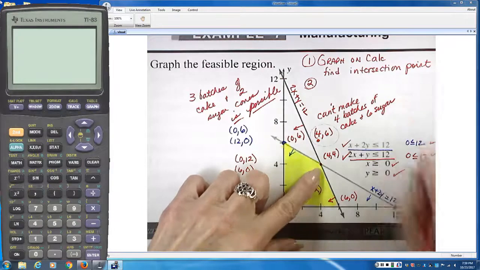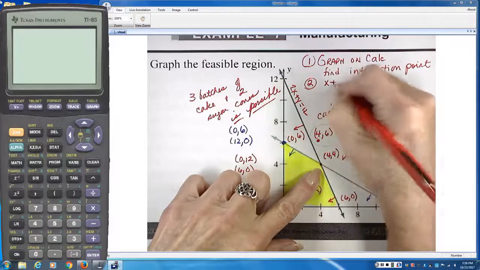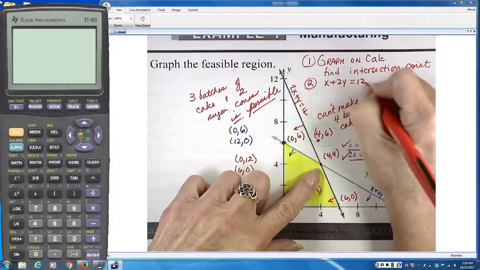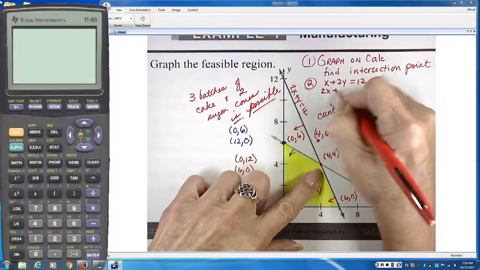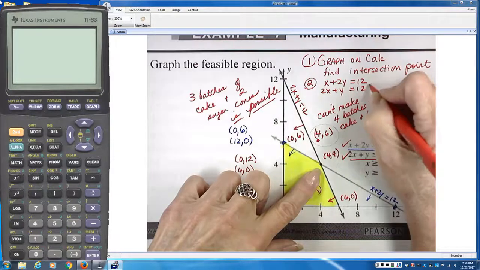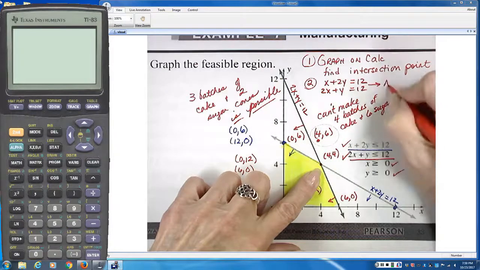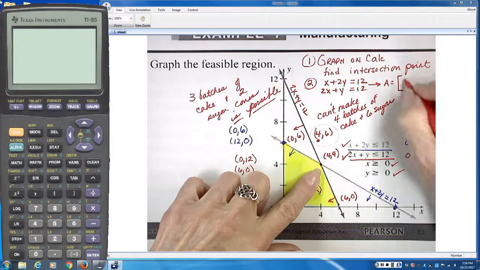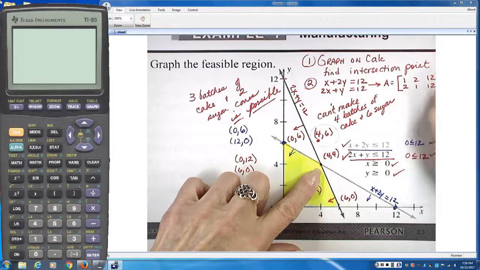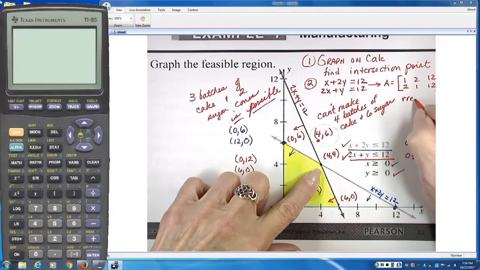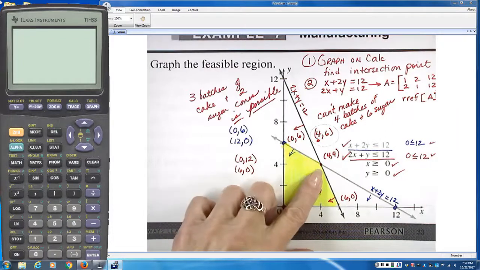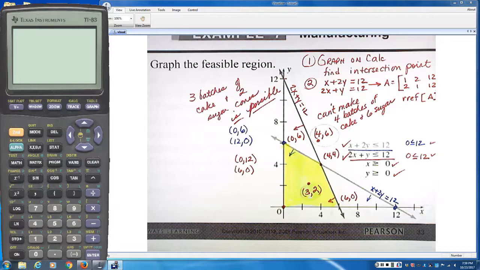That's the solution to the system of equations, x plus 2y equals 12, and 2x plus y equals 12, which gives you the matrix 1, 2, 12, 2, 1, 12. And if you do the reduced row echelon form of matrix A, it will tell you what that point is. So this is where chapter 2 still comes in.